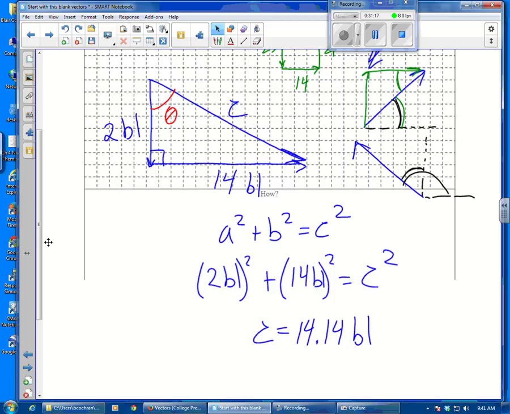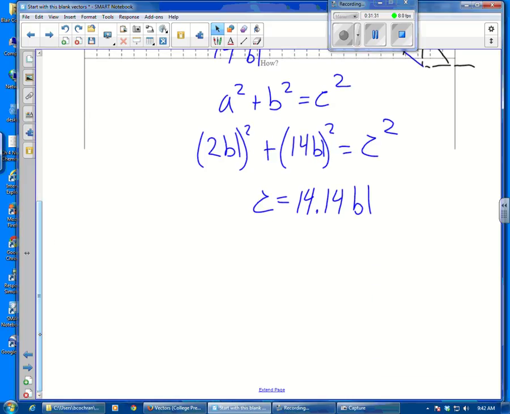Okay, so watch how I do the direction now. I want to find theta. I know the opposite side and the adjacent side, so I'm going to use tangent, toe. So I know that tan of theta equals opposite over hypotenuse.